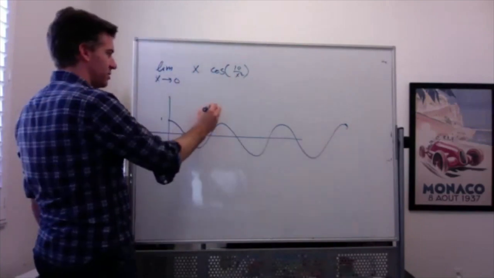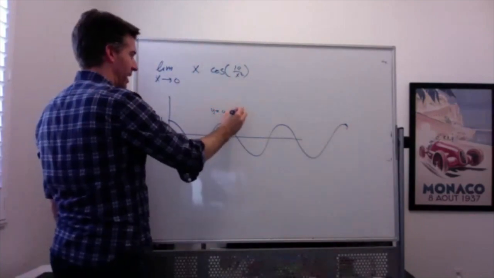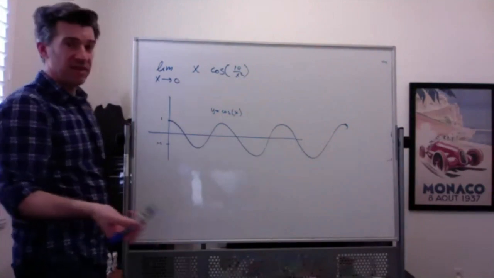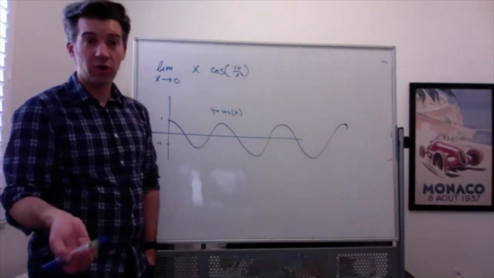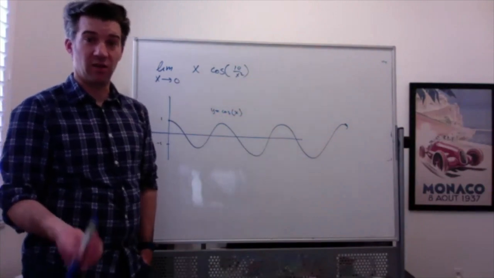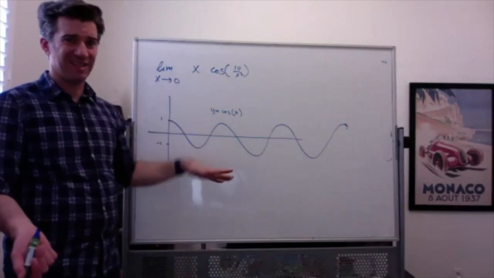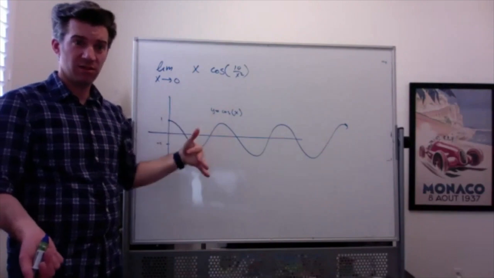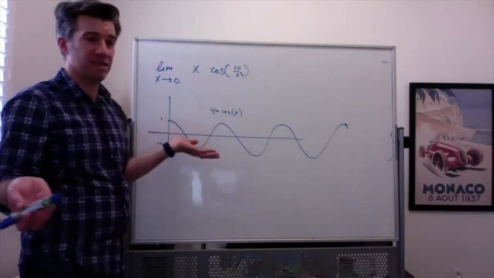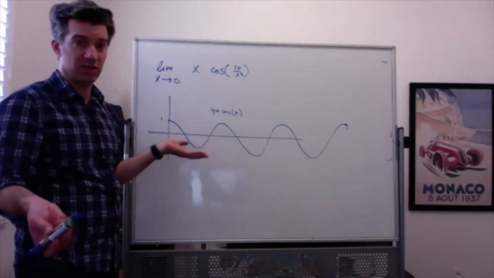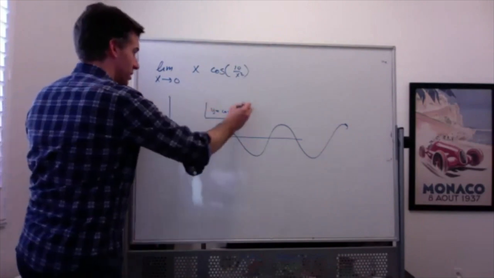This is just y equals cosine of x. If the argument of the cosine function is getting very, very large, the y value of the cosine function oscillates between 1 and -1. There's nothing we can definitively say about what this function is getting closer to.